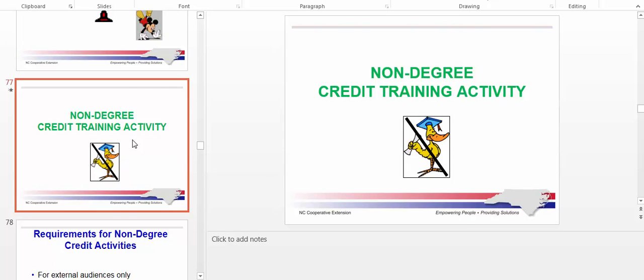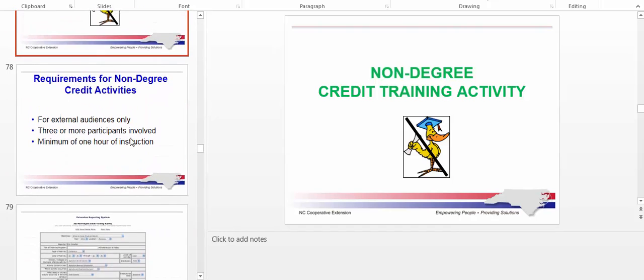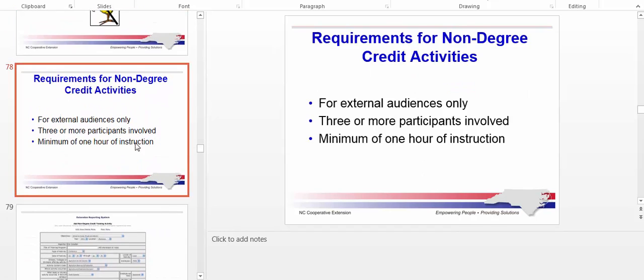Now we're going to look at non-degree credit training activities. This should be for external audiences only, 3 or more participants involved, minimum of 1 hour of instruction.